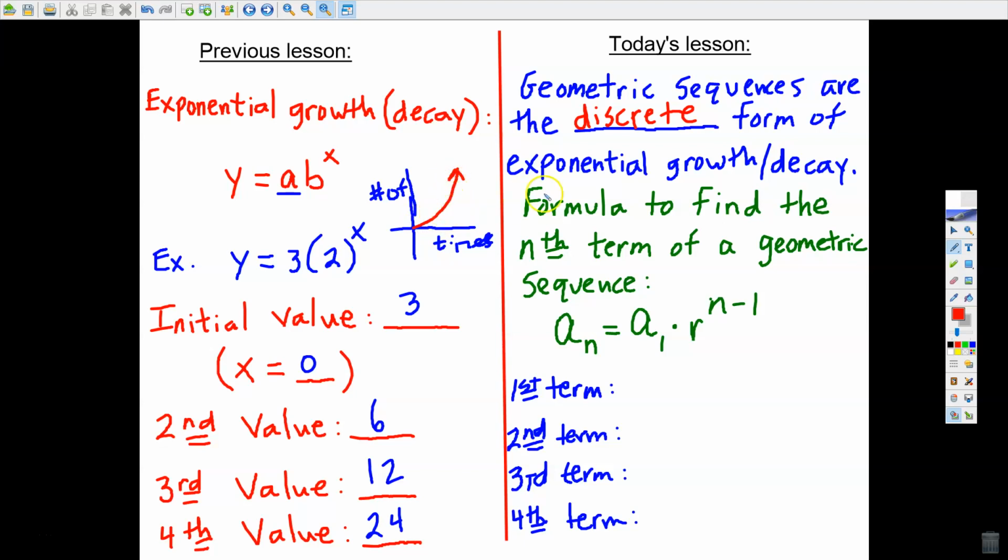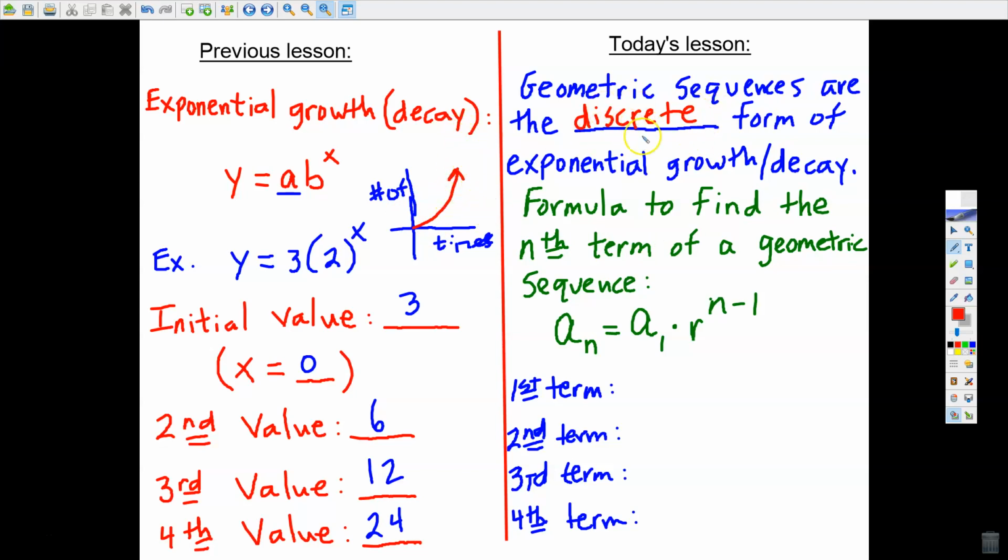There are no breaks. But to be discrete means that it's not continuous, which means that we can't use every single number in the real number system as inputs, and therefore we're not going to get a continuous graph. We're going to get just a set of disconnected ordered pairs.